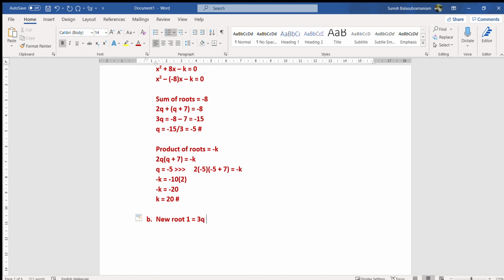So what is q? We know q is negative 5. Replace that in the equation. You get the new root 1, maybe first new root is a better word than new root 1.